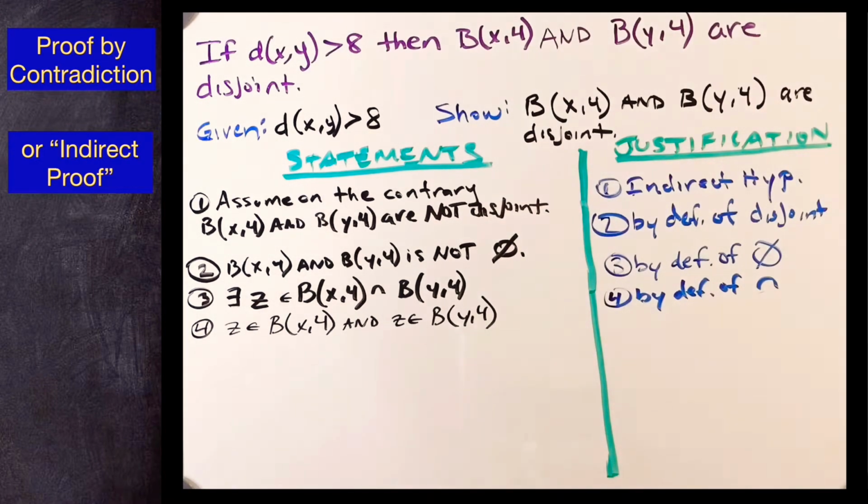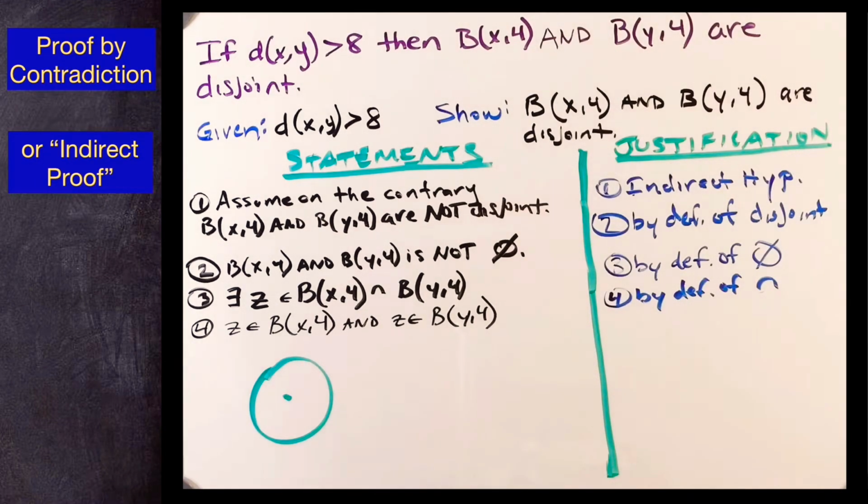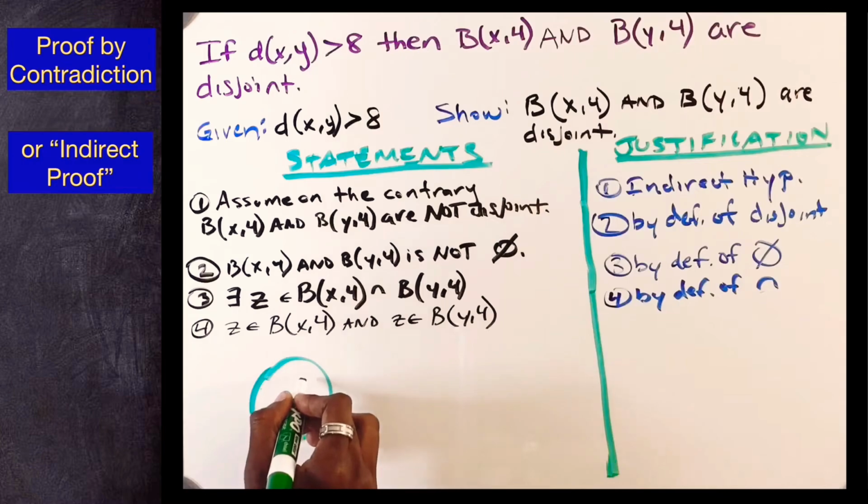For example, if I were to draw a ball and I said that this point is the center, and I'll call it X, our first ball is actually called ball X. And then I were to create another point, which is Z, and I'm saying it's within this ball, it has to be somewhere within the radius. So let's say if we made Z somewhere right here.